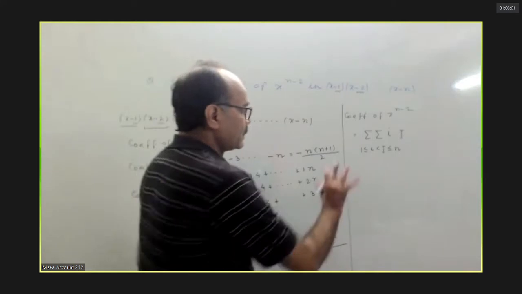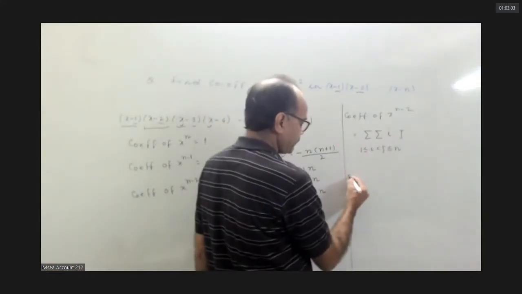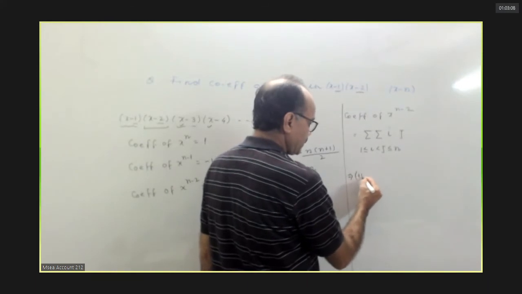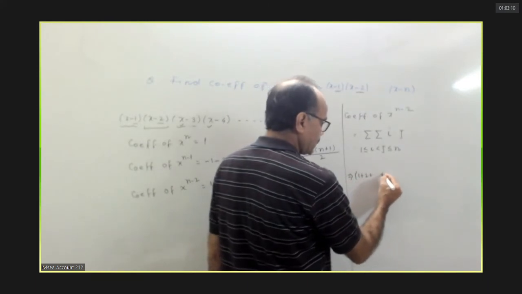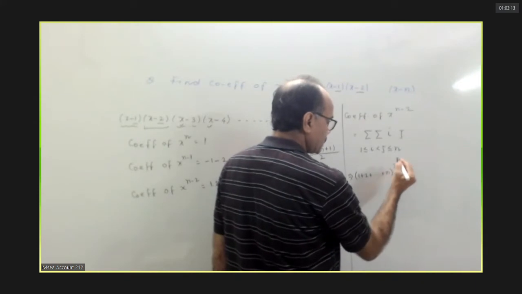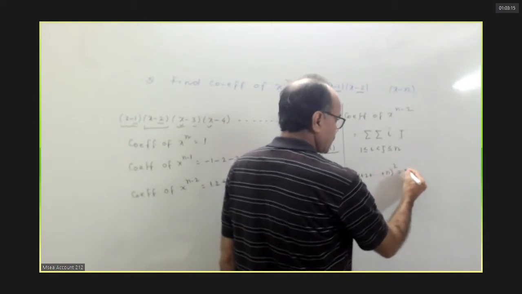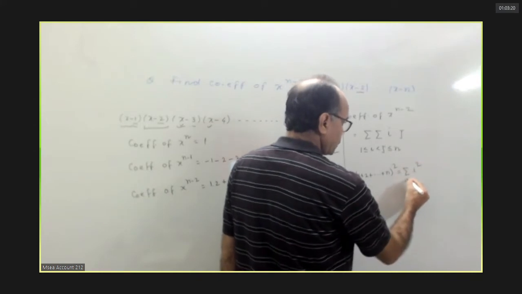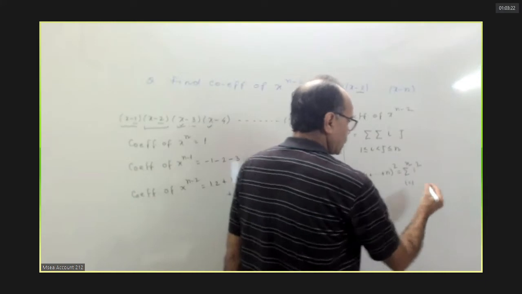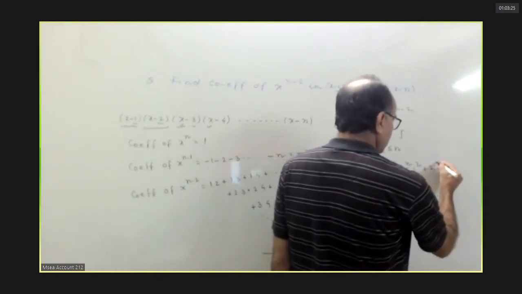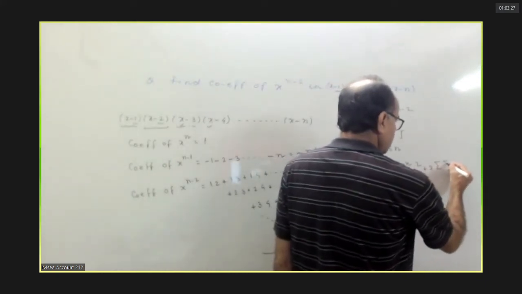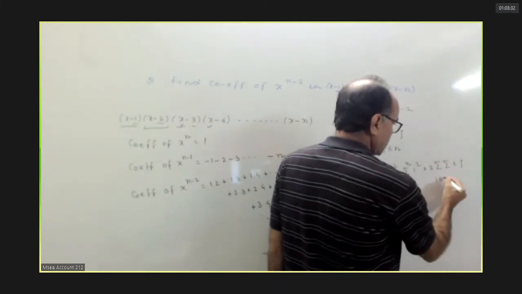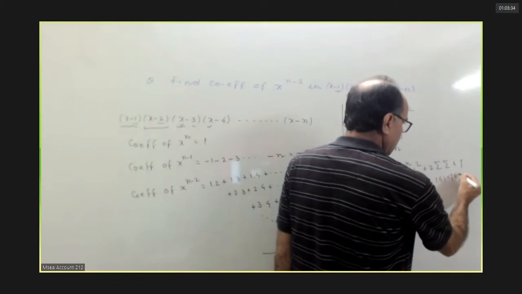Now, how to find this? This implies (1 plus 2 plus up to n) whole square equals the summation of i square, i going from 1 to n, plus 2 times the double summation of i into j, where 1 is less than or equal to i less than j less than or equal to n.